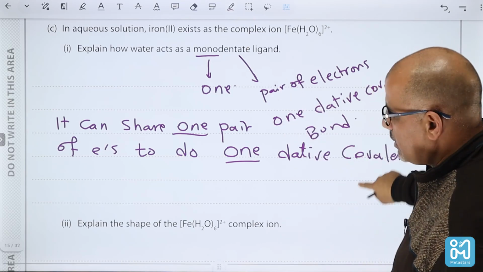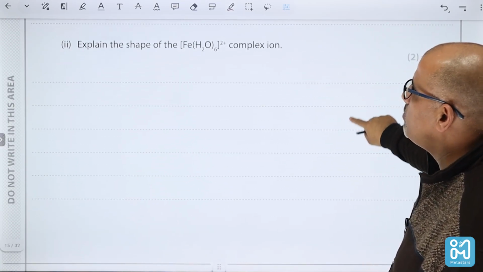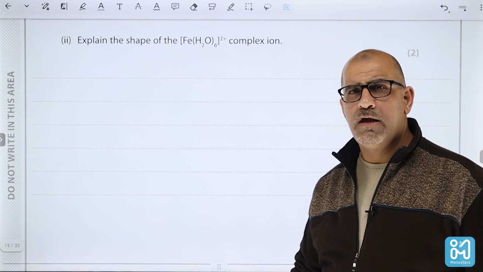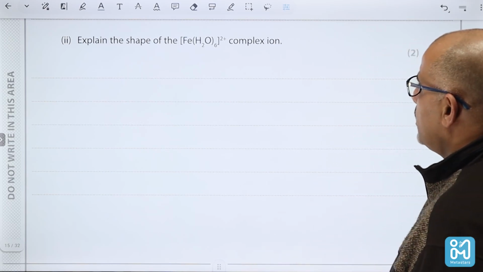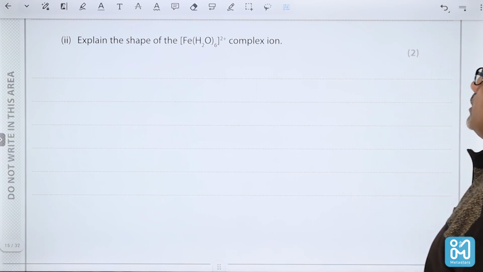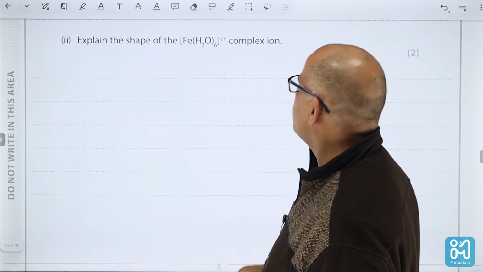Now, what else? Explain the shape of the iron positive 2 hexaaqua complex ion.